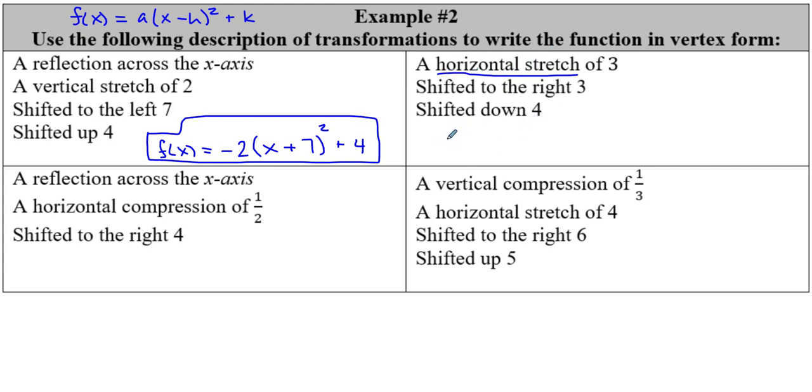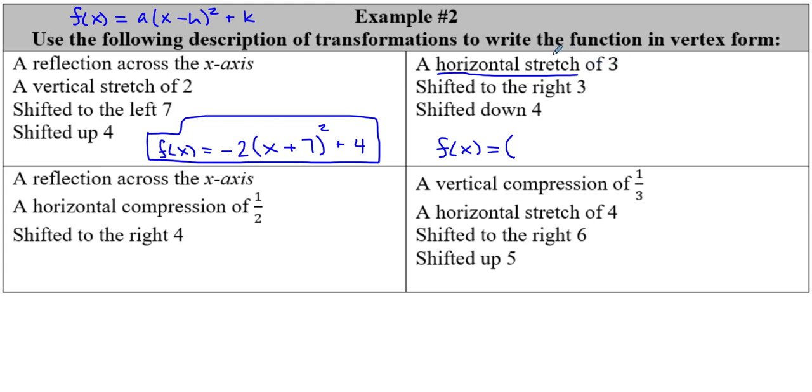Okay, so let's go ahead and start with writing what we know we need to write, f of x equals. Do we have a reflection? No. So there will be no negative sign. Do we have a vertical stretch of some sort, vertical stretch or compression? No, we do not. Okay, so then that means I can start with my parentheses. Now this tells me I have a horizontal stretch of 3.